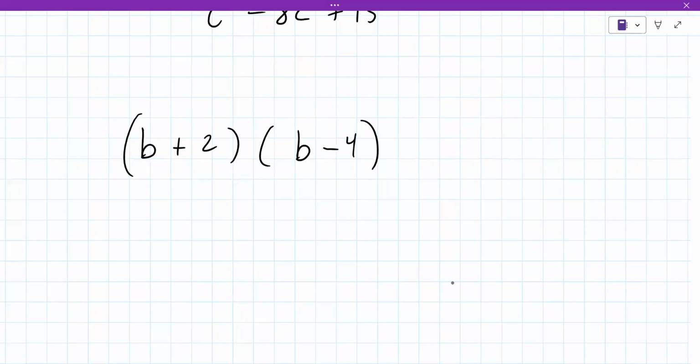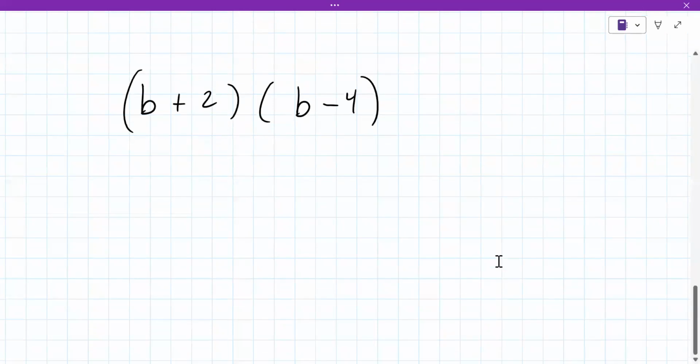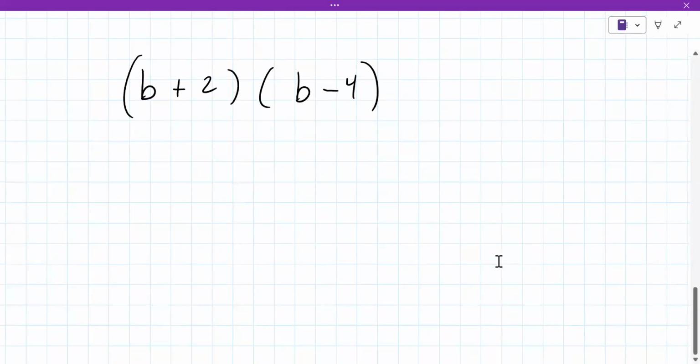It's too late in the year for me to say you should do it this way. But could you multiply this? I just want to know that you can do it without assistance. If you want to use a square, please do, or we can do the FOIL method. All right.